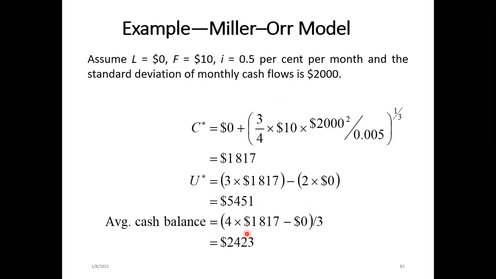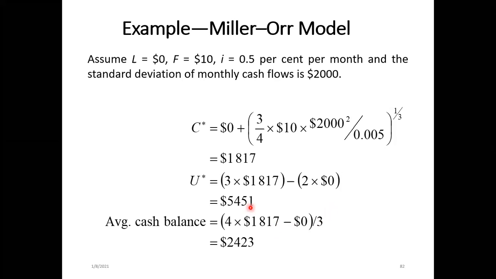Here, 4 into optimum cash balance minus lower balance, which is 0, divided by 3. So that is 2423.